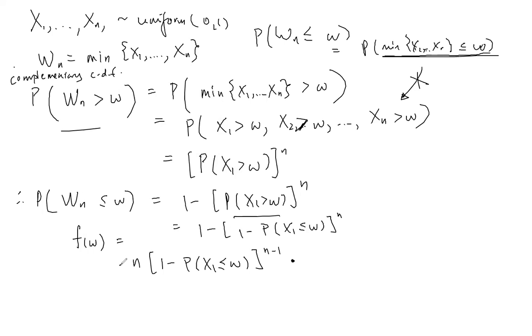Okay, so you take the derivative of this inside term here, so you will also get a negative, and then you will get d over dw of P of this, okay? And this negative and negative will actually cancel. All right, so you end up with this result.